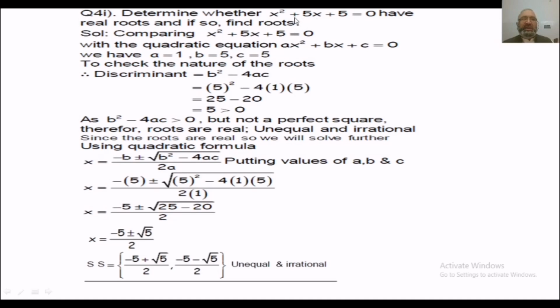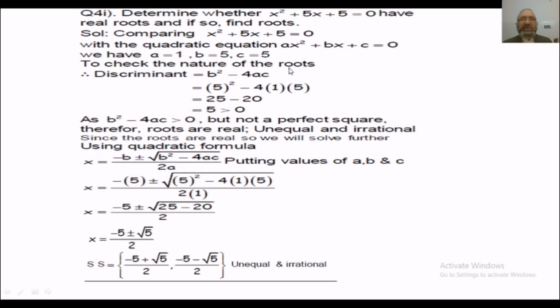That is the question. So first we compare the given quadratic equation x square plus 5x plus 5 is equal to 0 with the standard form ax square plus bx plus c equal to 0. We get a is equal to 1, b is equal to 5, c is equal to 5.